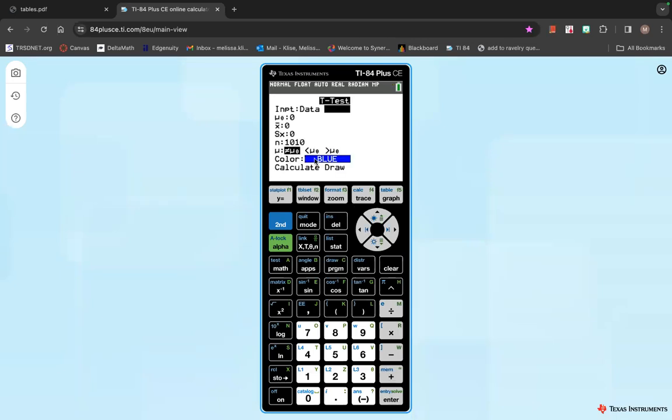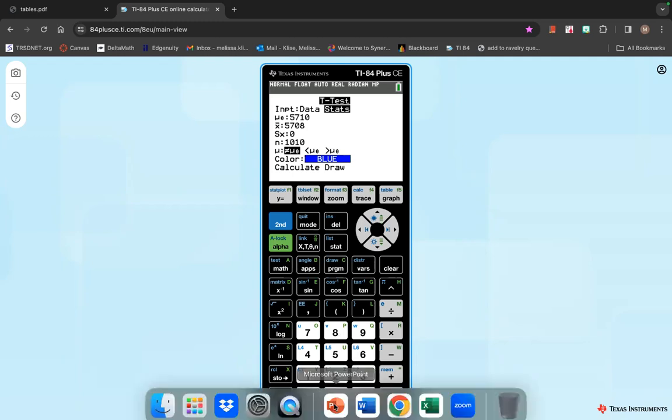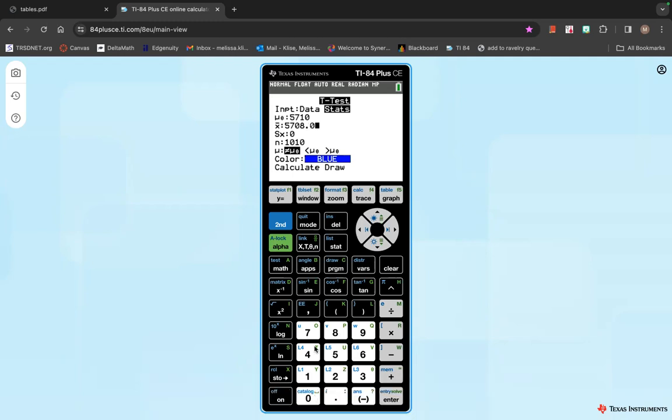Okay, so if it gives you a list of data, you would put that in your L1. We don't have a list of data. So my mu naught is the 5710. That is the assumed mean. And our x bar, the mean that we got from our sample, 5708.07.